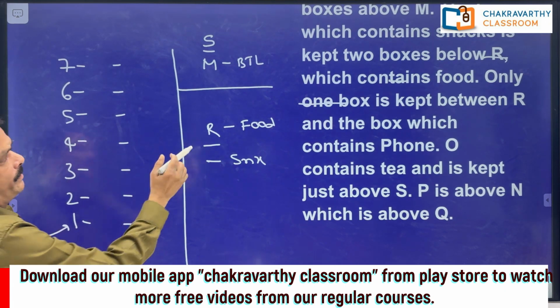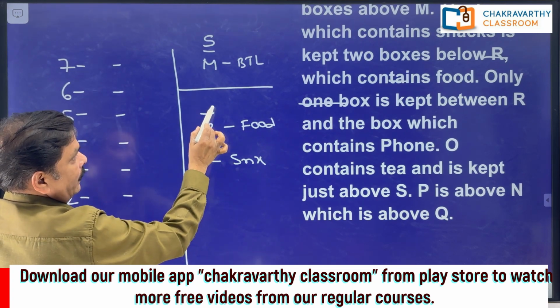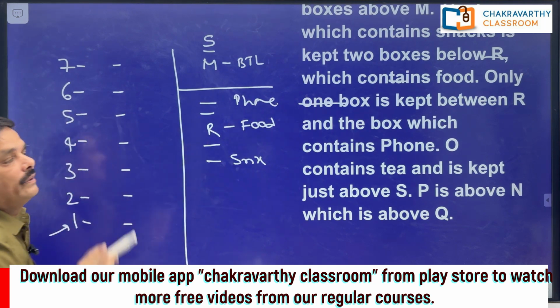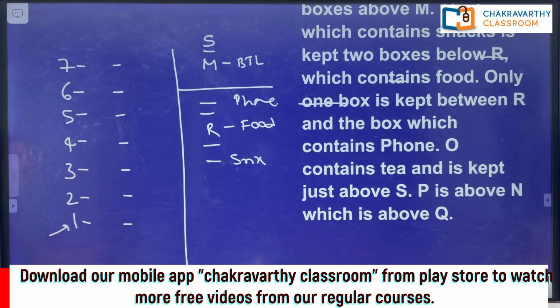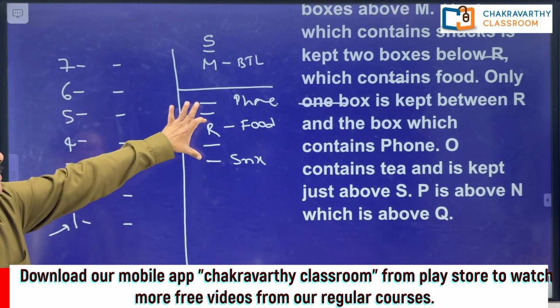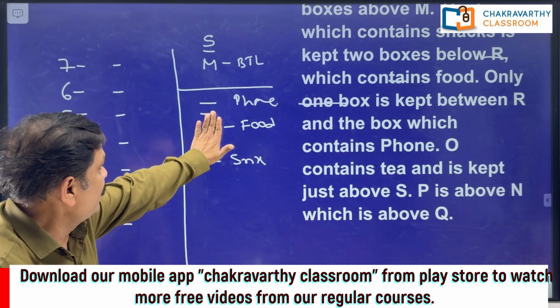So the only possibilities are one box and here, the next box should contain phone. That's it. Now we got the idea. See, 1, 2, 3, 4, 5. Out of 7 boxes, 5 are more or less arranged. I need to maintain this one.